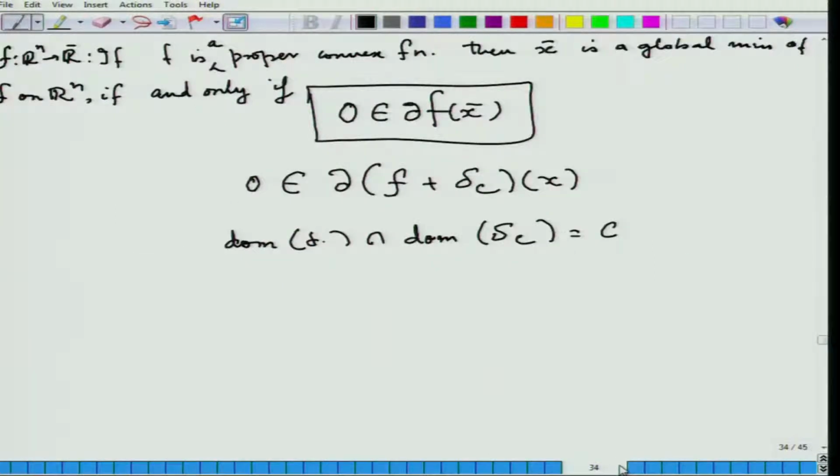So, now I can write the sum rule. This would imply that 0, because this is equal to del of f at x plus del c at x, sorry, at x bar, because I have said x bar is the minimum.